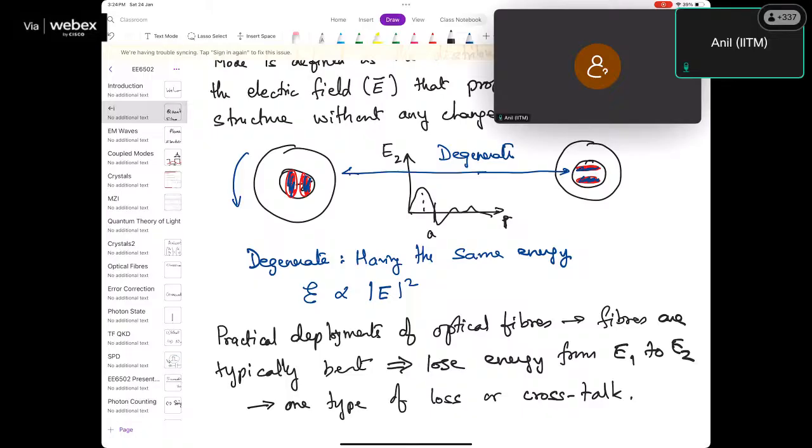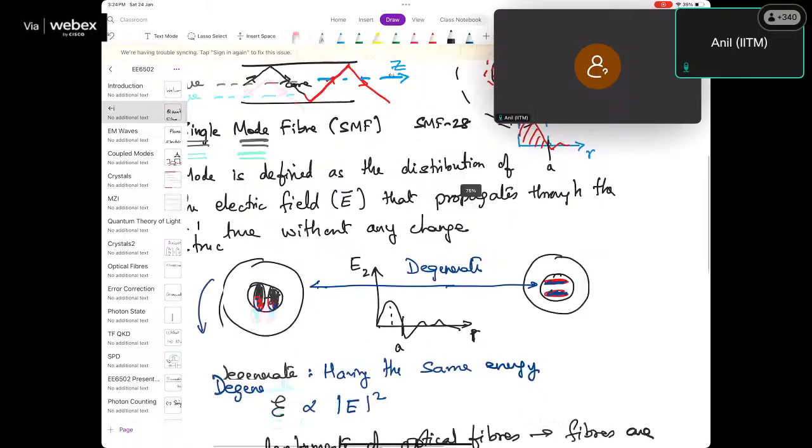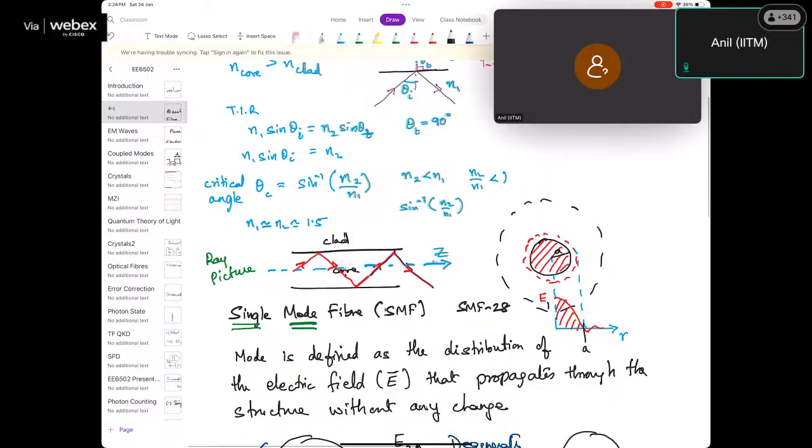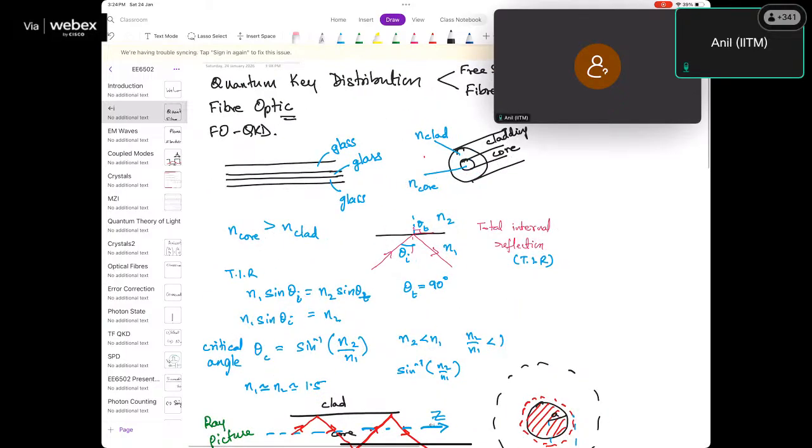Okay. So this is a lot of very basic understanding of fiber optics, right? You have a piece of glass. In the middle, there is a piece of glass with a higher refractive index that I call the core.